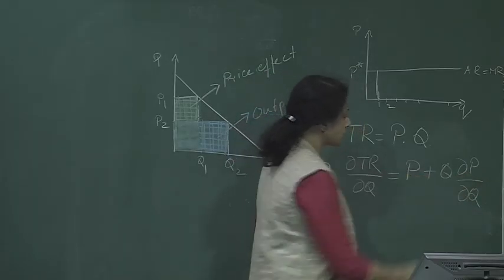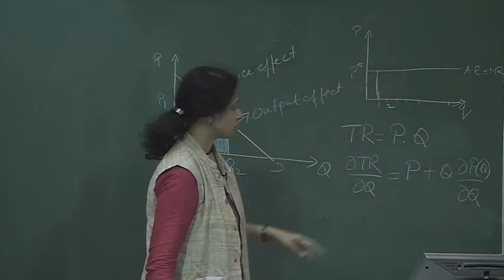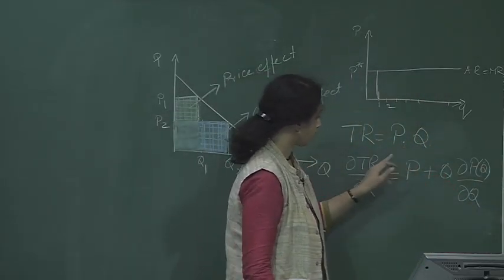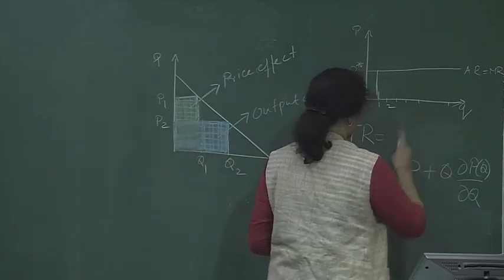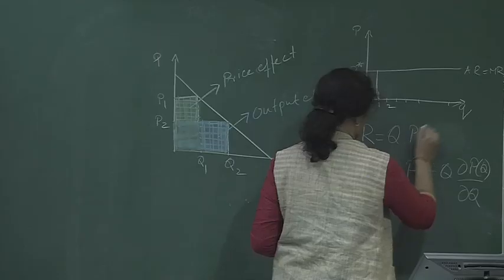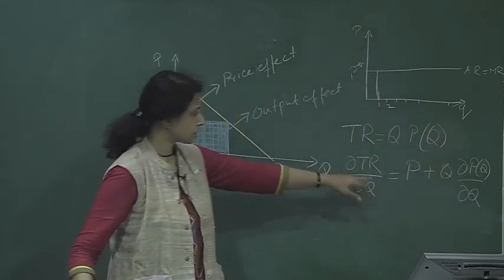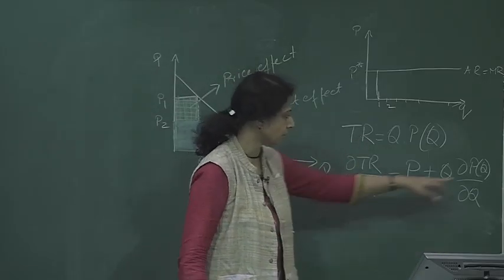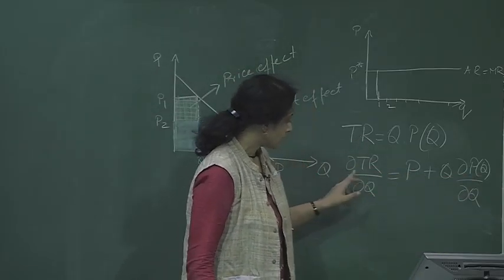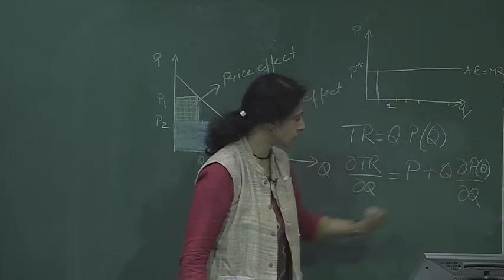Because P is now a function of output. Since we have a negatively sloping demand curve, price is a function of Q, and marginal revenue is equal to P plus Q del P del Q.